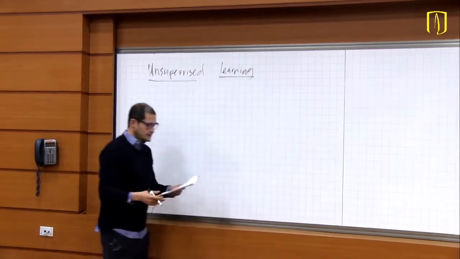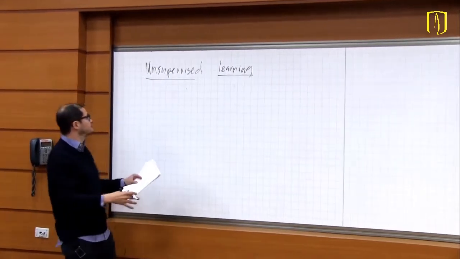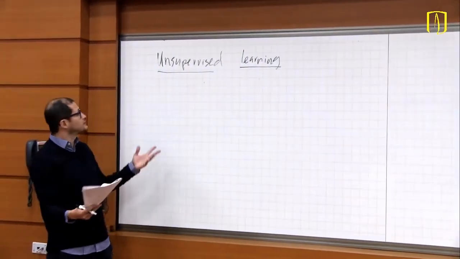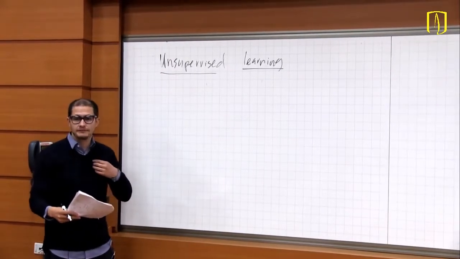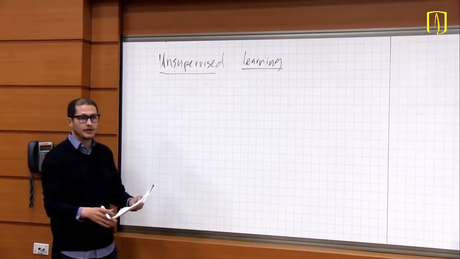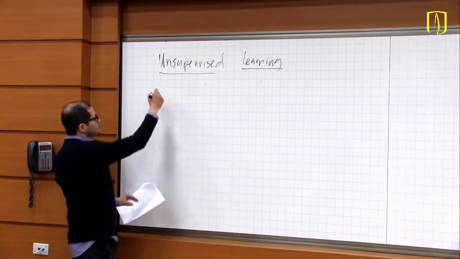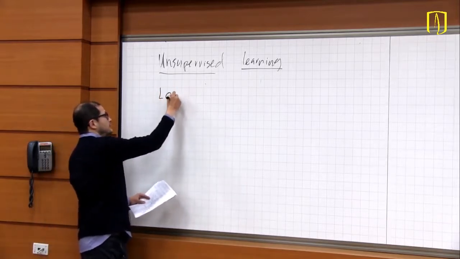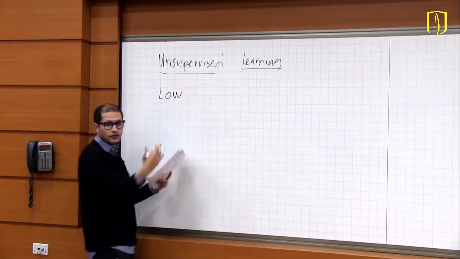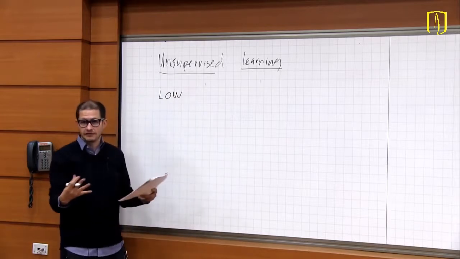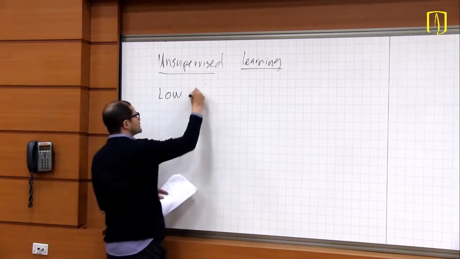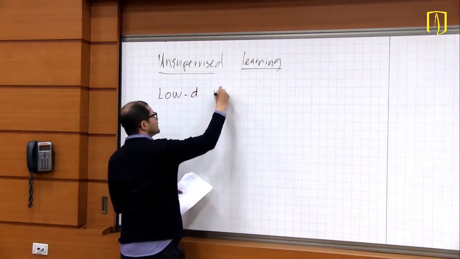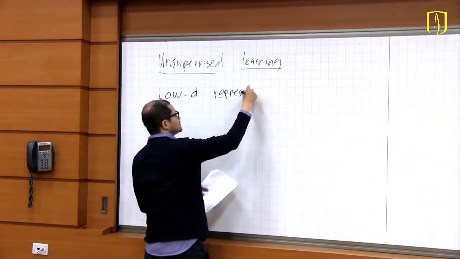As I was saying yesterday, you can have many different types of settings when you're doing unsupervised learning. One of the ones we mentioned was this idea of finding low-dimensional representations of your data sets.